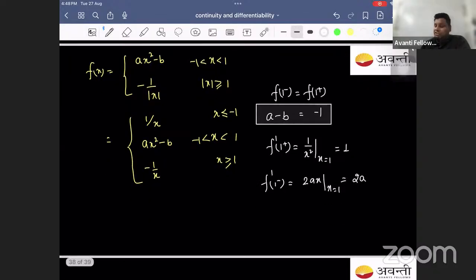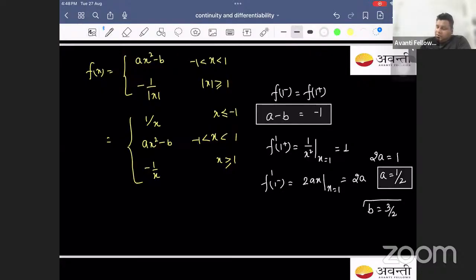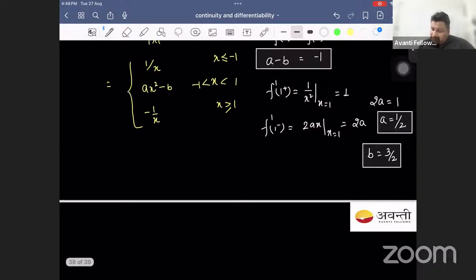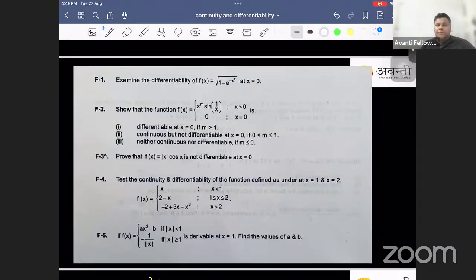So since it is differentiable at x equals to 1, 2a is 1, a came 1 by 2. Now put the value of a, b came 3 by 2. I hope I have made my point very clear. Got it? Now, there are a few more questions. You can take a screenshot if possible. Please try them later on.